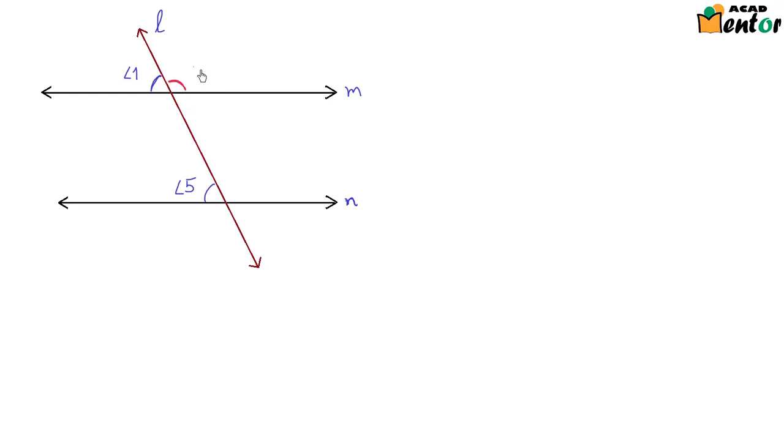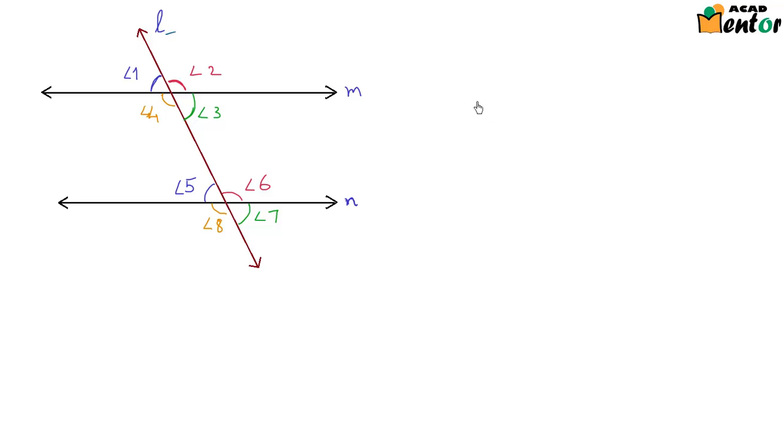Let this be angle 2. This is angle 6. Angle 3. Angle 7. And finally angle 4 and angle 8. So we see that there are 8 angles formed when two parallel lines are intersected by a transversal L.